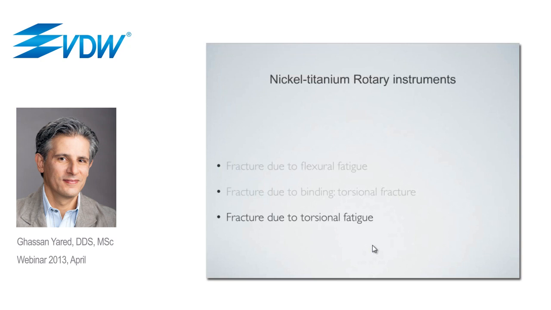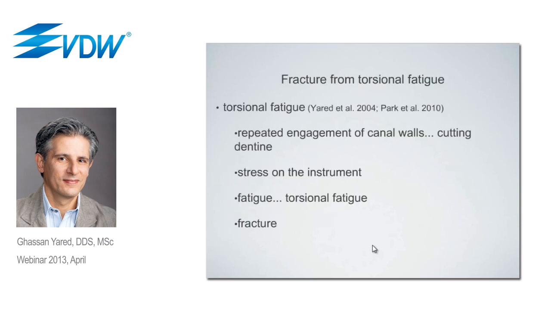The last type of instrument fracture is the fracture caused by torsional fatigue. This is one type of fracture that has not been studied enough in endodontics. When we use a rotary instrument in a canal, this instrument will touch the canal walls.